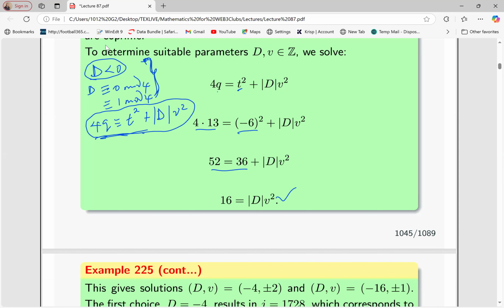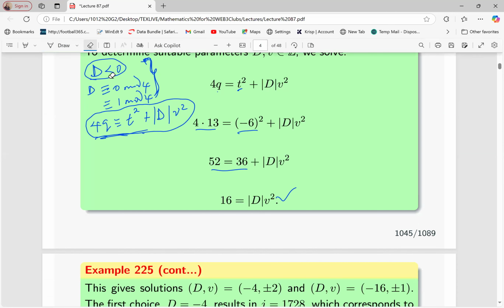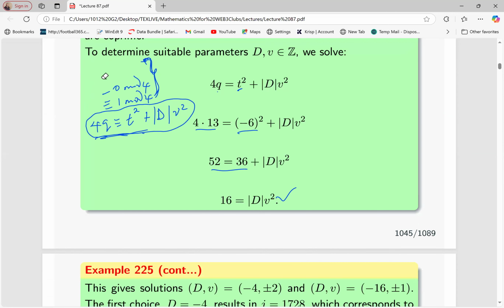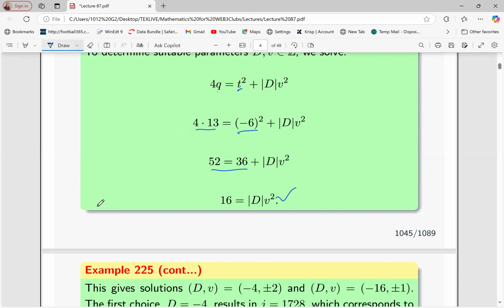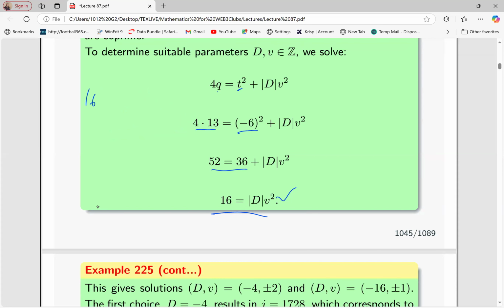Now at that point, you have to think, what becomes of D? What should be our D and what should be our v squared? You have 16 equal to two things multiplied together. So from here we can see 16 equals D multiplied by the square of v.